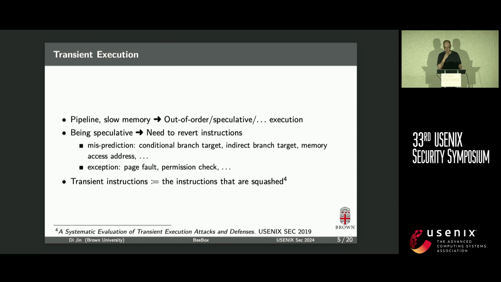BPF has been known to cause trouble with transient execution attacks, which I will briefly summarize here. Due to optimizations like out-of-order execution and speculative execution in modern CPUs, sometimes the execution of an instruction needs to be squashed and discarded instead of being committed. These instructions are called transient instructions.